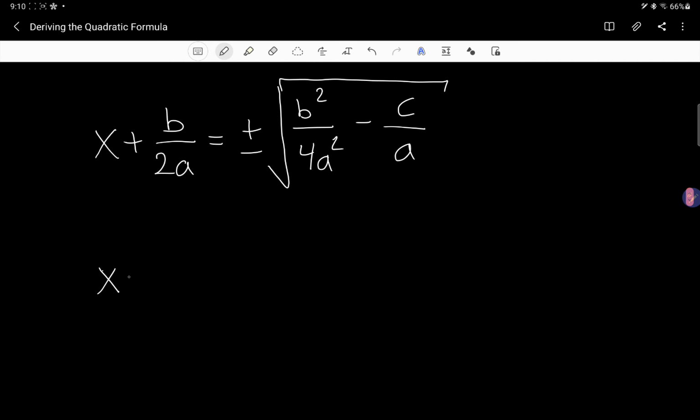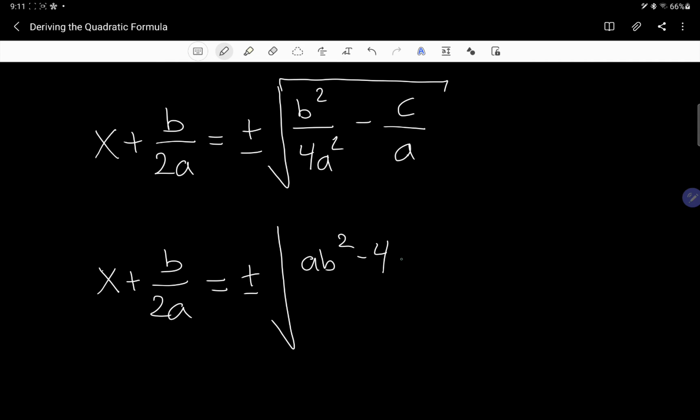So we have x plus b over 2a equals plus or minus the square root of, okay, so cross multiply these two, so ab squared, then cross multiply these two, so that's 4a squared c, so it'll be minus 4a squared c.